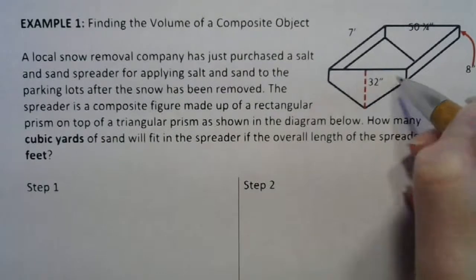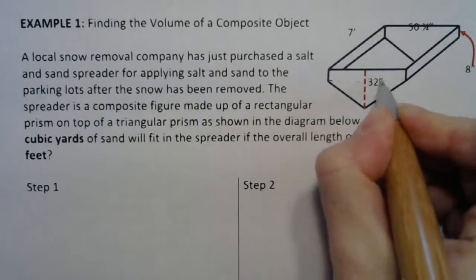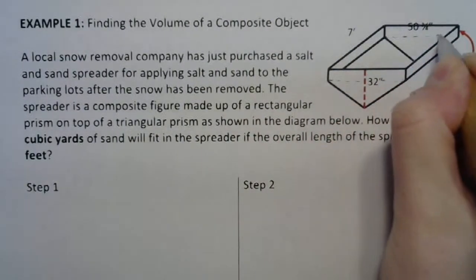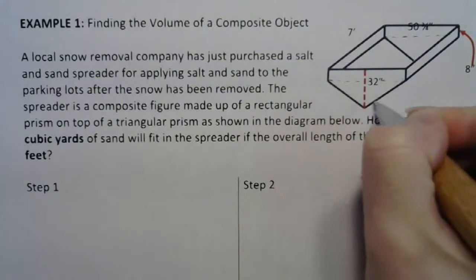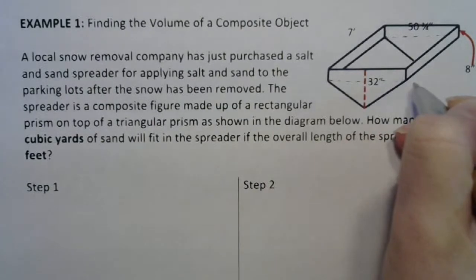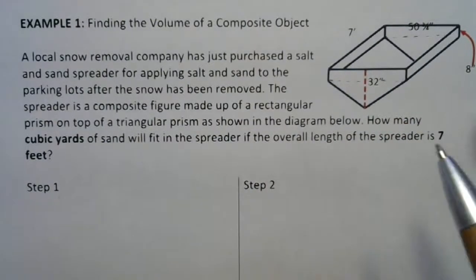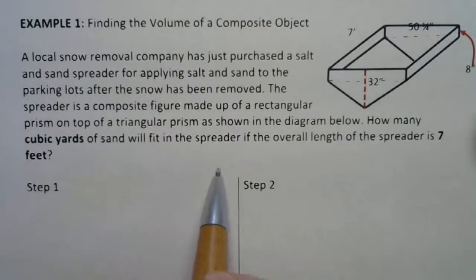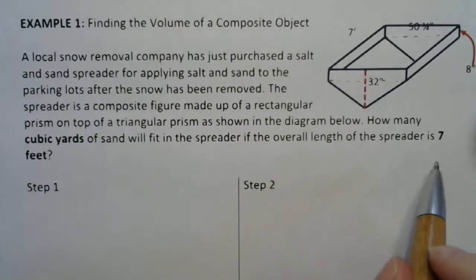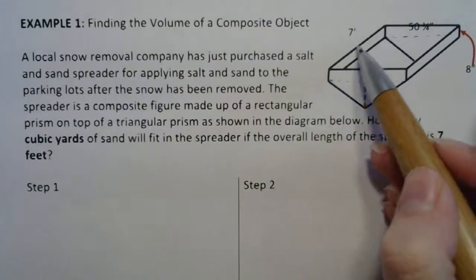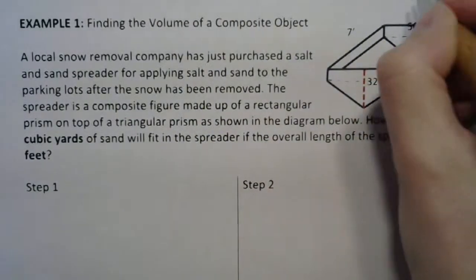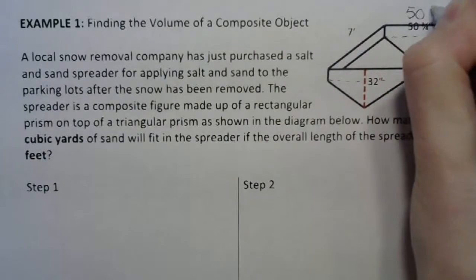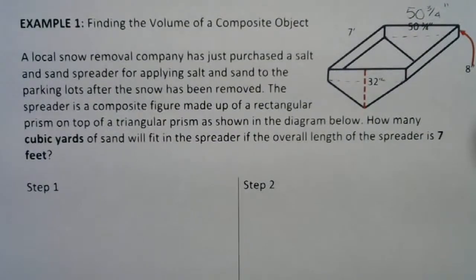If we were to cut it along here and along here, this is a little rectangular prism on top of the triangular prism base. Now we're being asked how many cubic yards of sand will fit in the spreader if the overall length of the spreader is 7 feet. So we know this is 7 feet, this height is 32 inches, and that is, I'm not sure if you can read it, 50 3/4 inches.